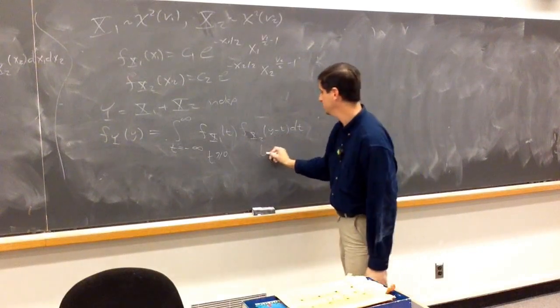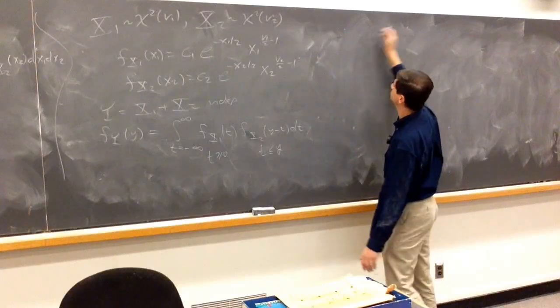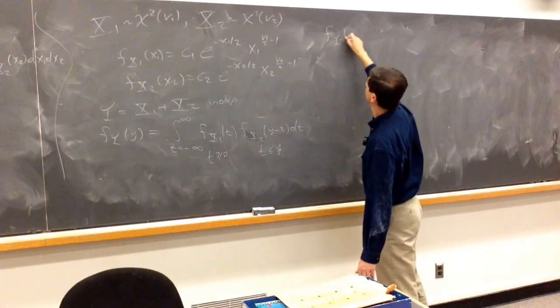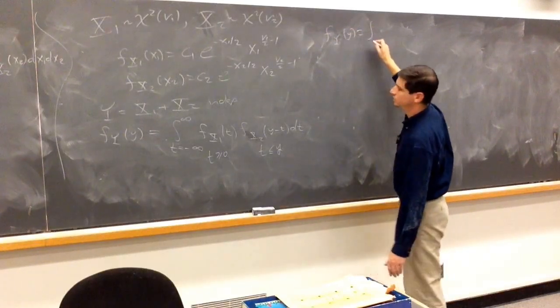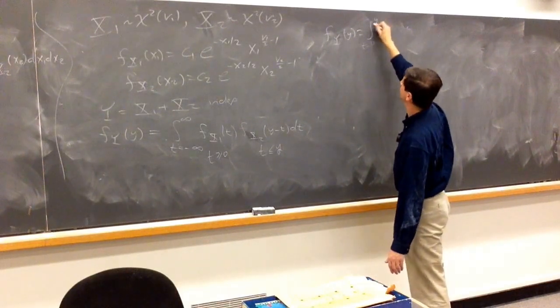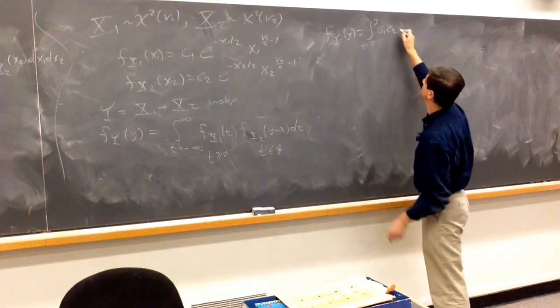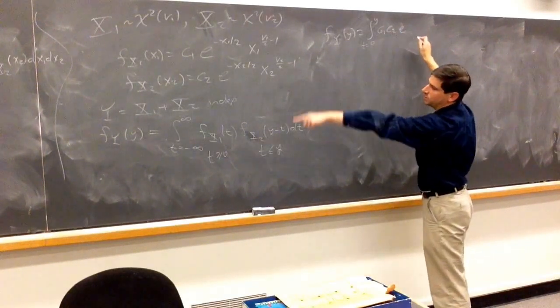So this forces t to be less than or equal to y. So we get our density function is the integral from t equals 0 to y of c1 c2. We'll get an e. Now we're going to plug in t.